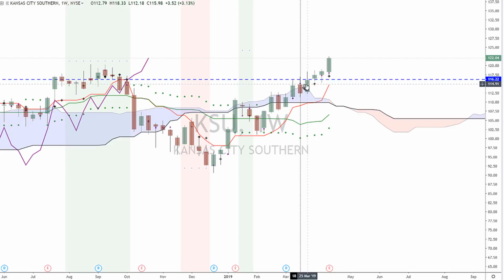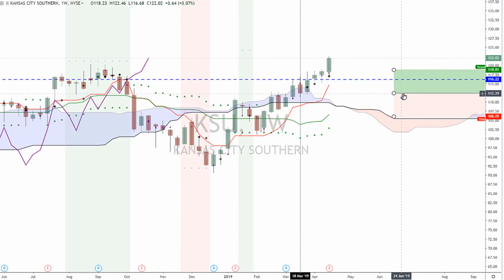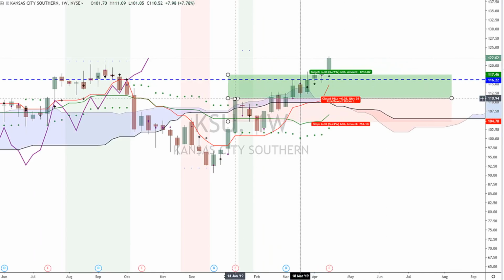However, we cannot take that until we break this resistance here. If you notice this week, we broke that resistance right there. So once we broke that resistance, we're looking for it to pull back here, then we can enter a long-term trade. If you look at the reward risk here, you're looking at a pullback trade.